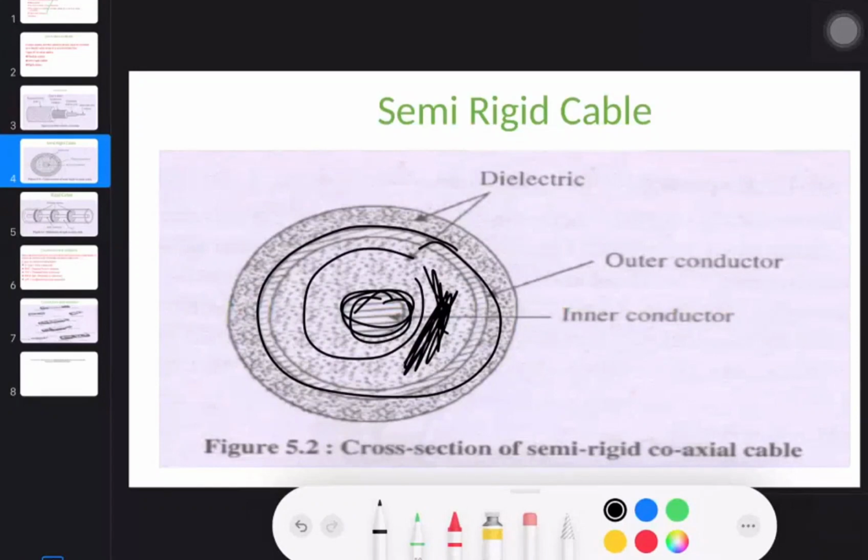After filling the dielectric material, we have the outer conductor, and above the outer conductor, finally, the insulating jacket. Here in the semi-rigid type of cable, we make use of a dielectric material to get the property of semi-rigidity.